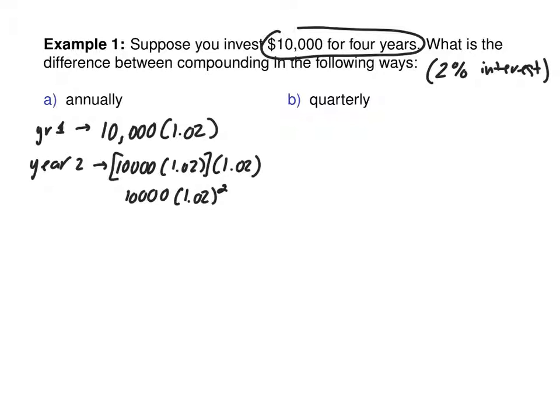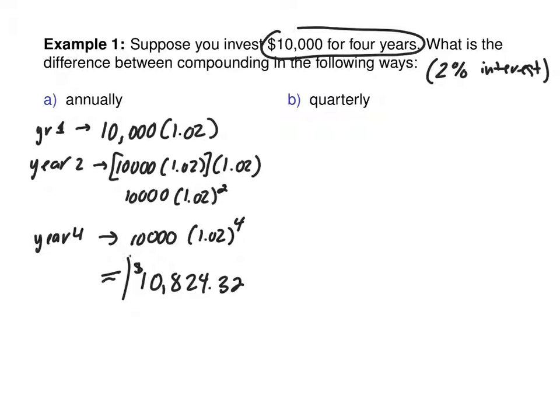Does that make sense? At year 4, how much are you going to have? 10,000 times 1.02 to the fourth. And that's about $10,824.32, approximately.